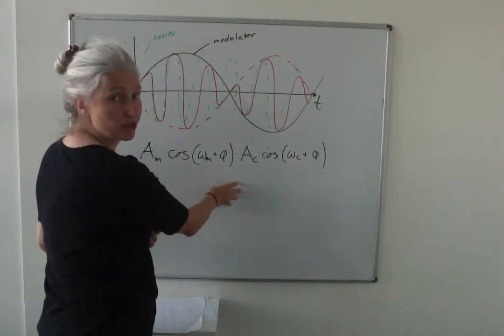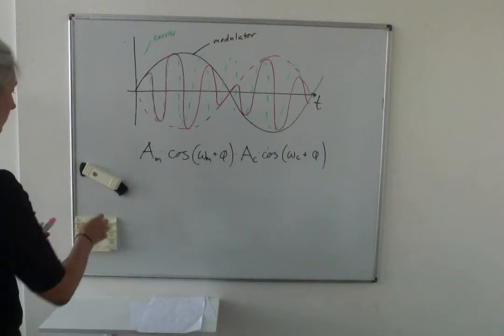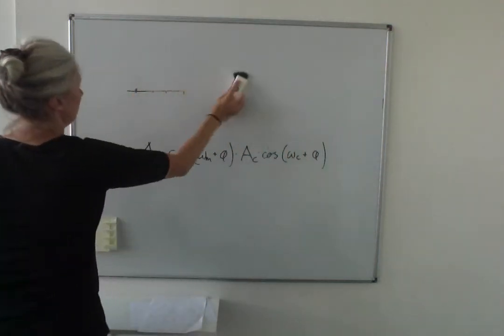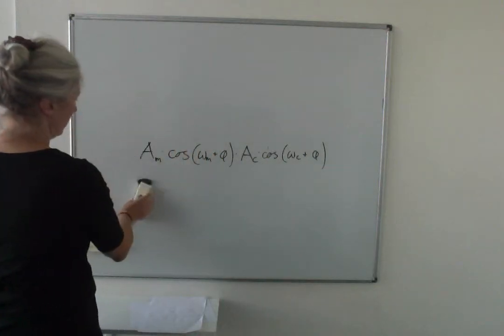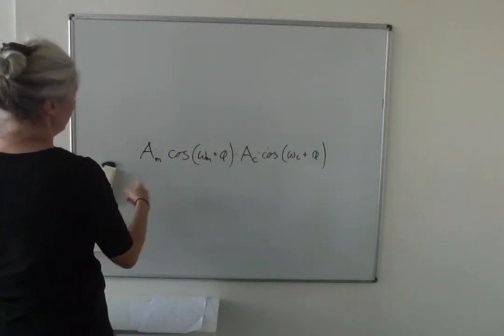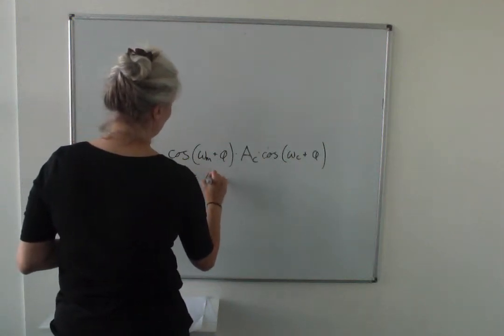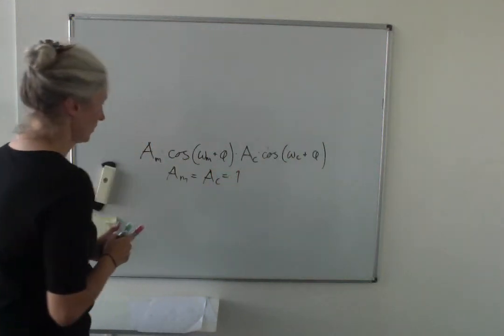When we talk about frequencies, what would this look like in the frequency domain? Well, to make this simple, let's just say that AM equals AC, and that they're both 1.